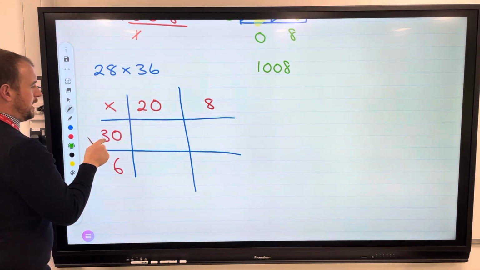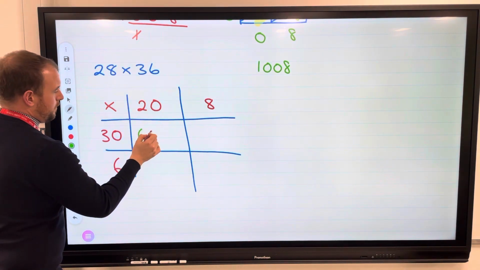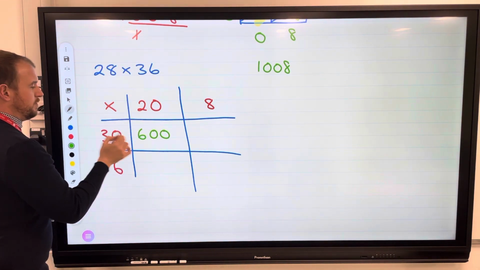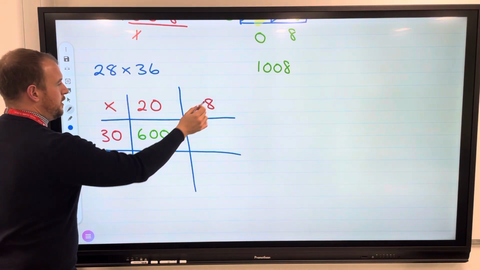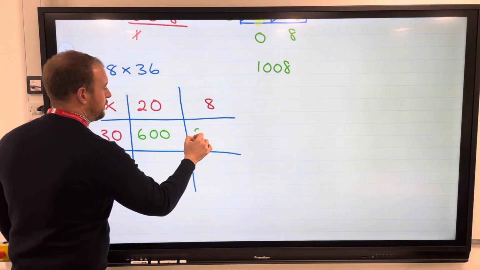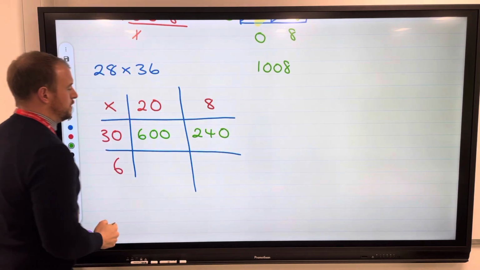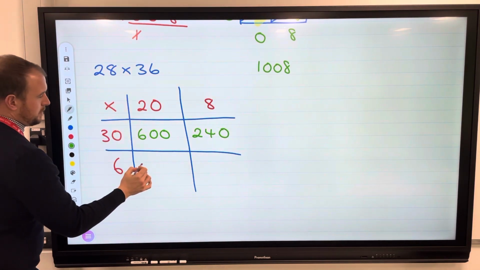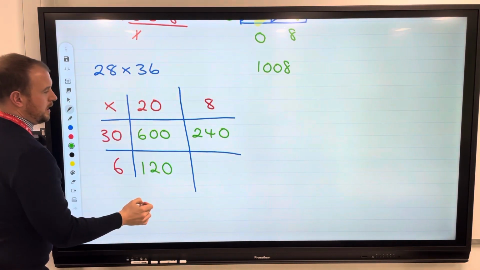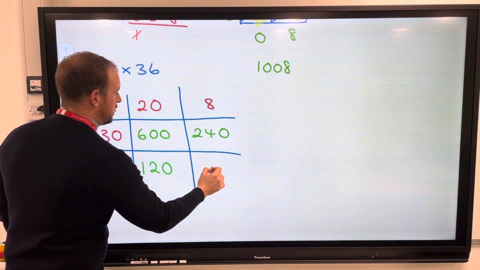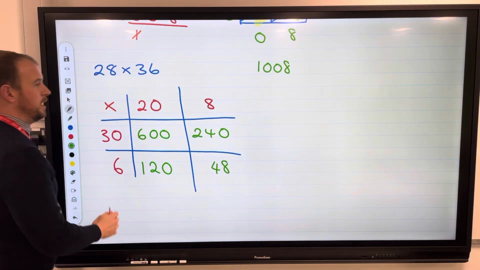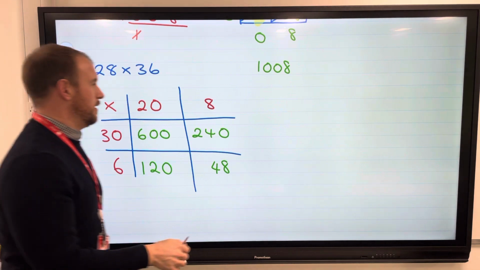Well, 20 times 30 is 600. 2 times 3 is 6. Add the zeros. 8 times 3 is 24, add the 0 for 240. 20 times 6 is 120, and then 8 times 6 is 48. And now I'm going to add all of these together.